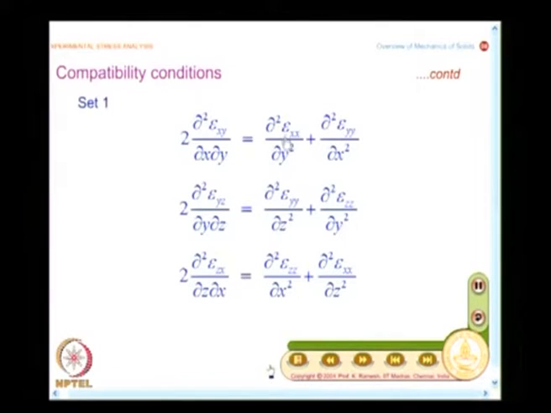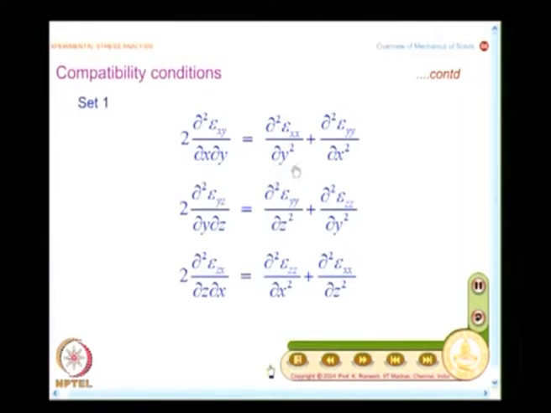If you plug in the expression for epsilon xx, epsilon yy and epsilon xy, this equation will be completely satisfied. And since we are confining our attention only to 2-dimensional problems for the time being, we need only the first equation. So, this is set 1. I have compatibility condition expressed in terms of strain components.